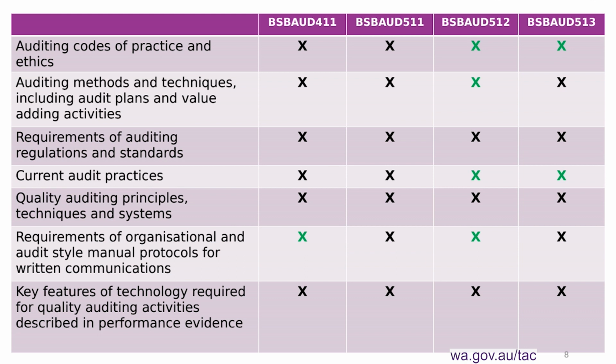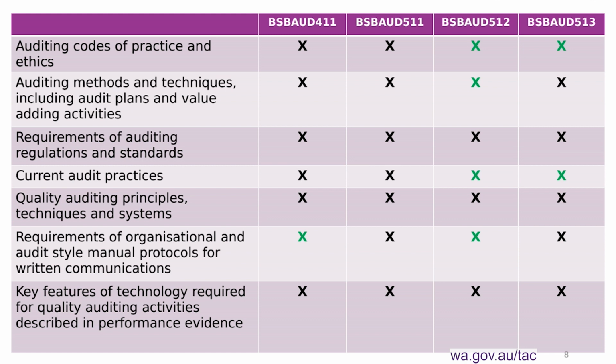And the crosses in green are where, even though that's not listed in the unit, you would definitely need to know that to be able to actually do the task that's in the unit. So again, when you have compared the rest of the content of these units of competency, these are definitely a group of units that we should consider for clustering.